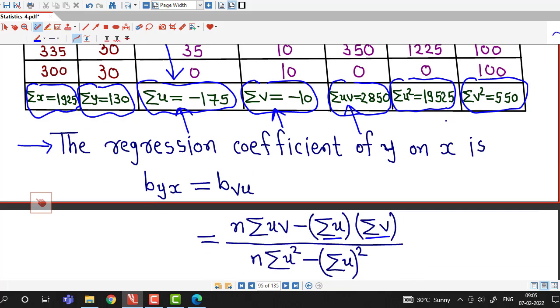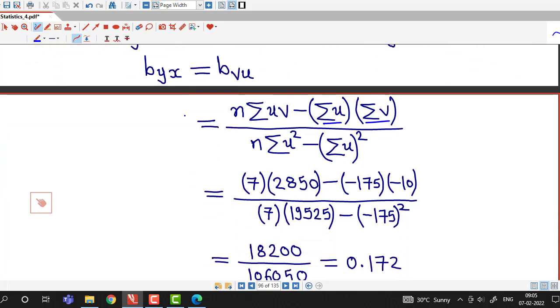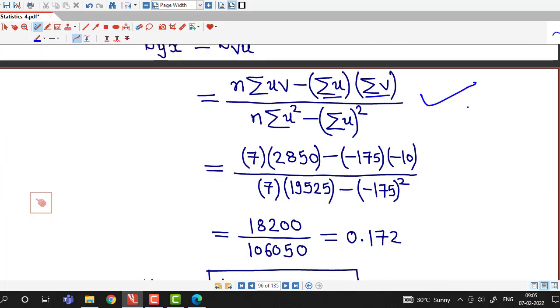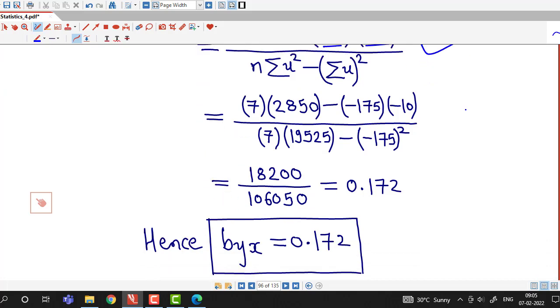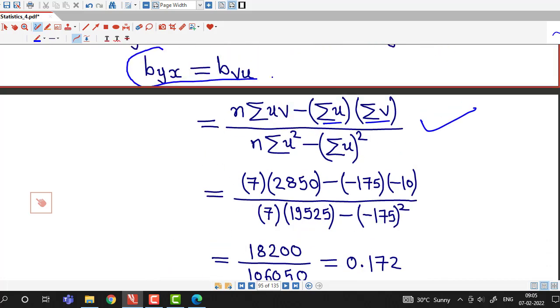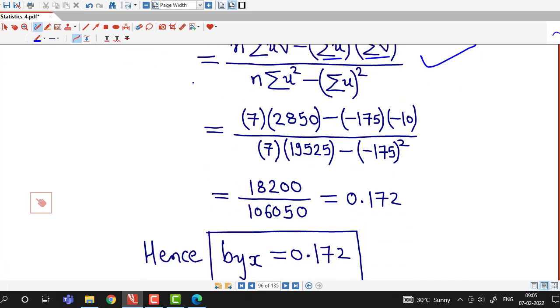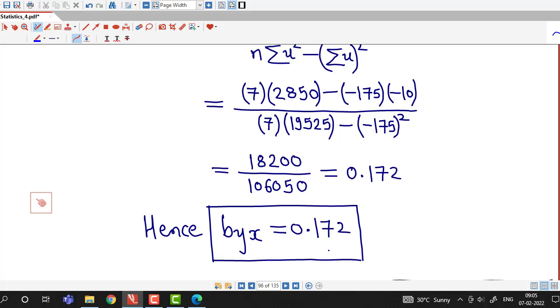Sigma u square is 19525 and sigma u is minus 175. So we substitute all these summations in this formula, and we obtain that regression coefficient is 0.172, and these two are always equal. So we obtain that regression coefficient of y on x is 0.172.